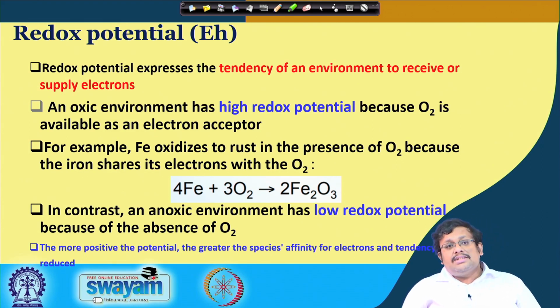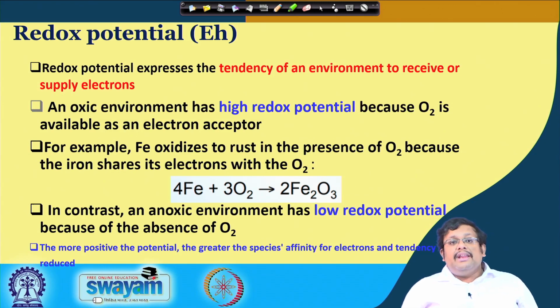Remember, an oxic environment has a high redox potential because oxygen is available as an electron acceptor. Obviously, in an oxic environment, oxygen can accept the electrons.